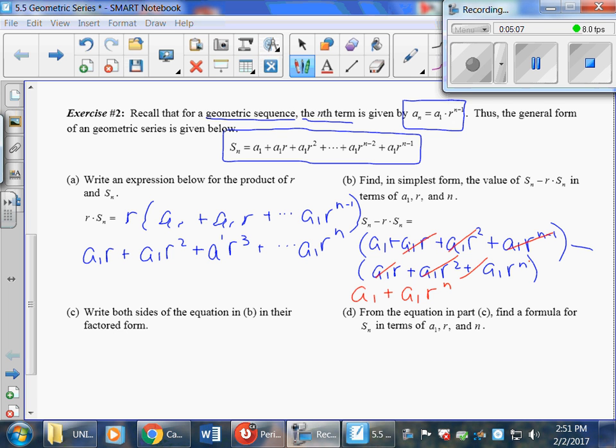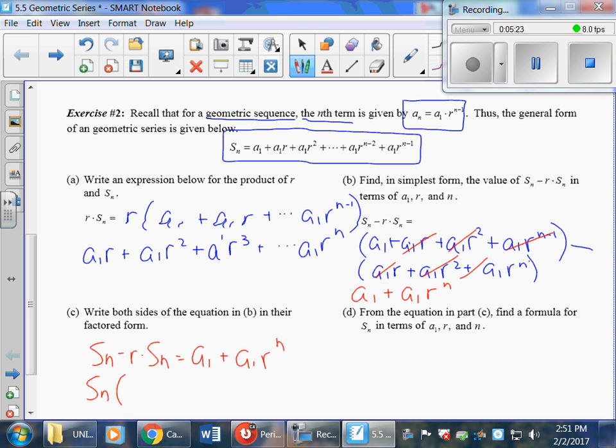Write both sides of the equation in B in their factored form. So we have Sn minus r times Sn is equal to a1 plus a1 r to the n. If we take the Sn out of this, we get Sn times 1 minus r equals a1 times 1 plus r to the n.